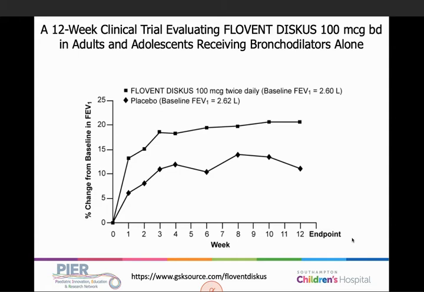And you can see, as typically occurs within the first weeks of receiving steroids, you have a significant improvement in FEV1 from the baseline in the active treatment, shown there top line with the squares, plateauing at around 20% improvement in baseline. But look at the placebo group. The placebo group is showing a very similar trend, albeit that the benefits are not as great.